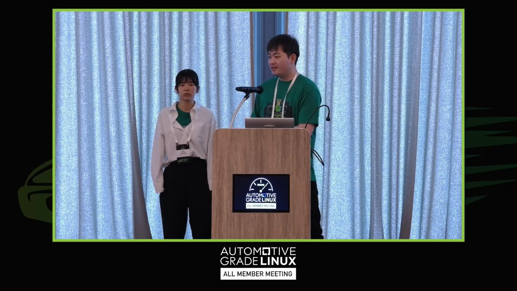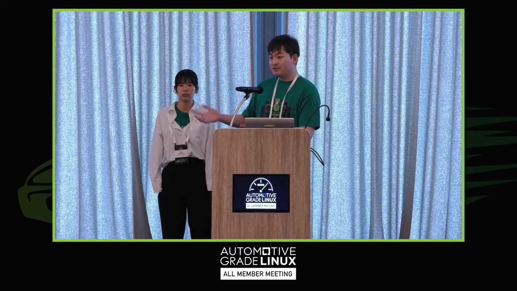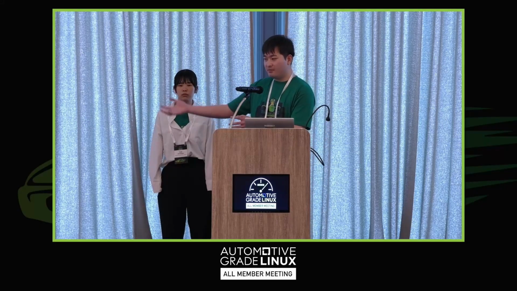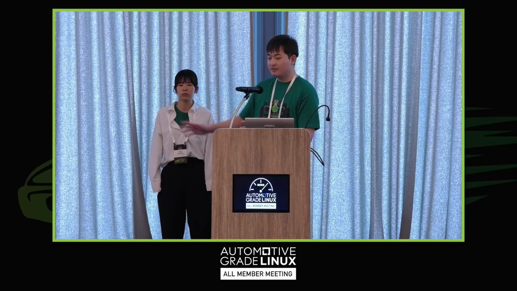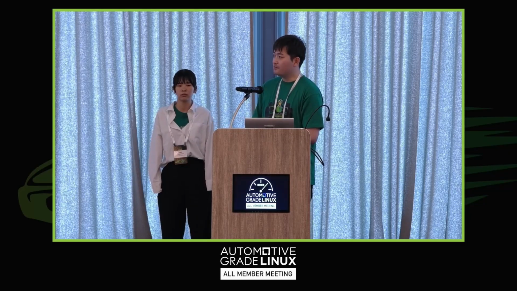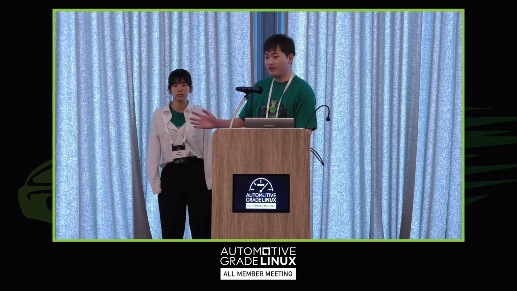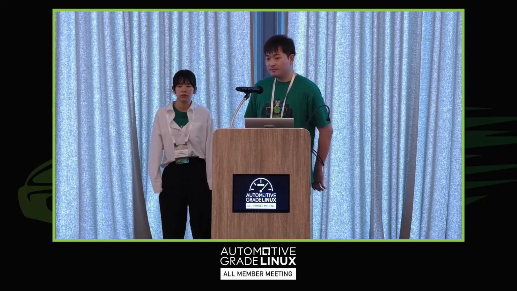But in automotive systems, the hardware and systems vary. So currently it is very important, but we don't have a concrete idea for checking compliance for performance. This is my idea.